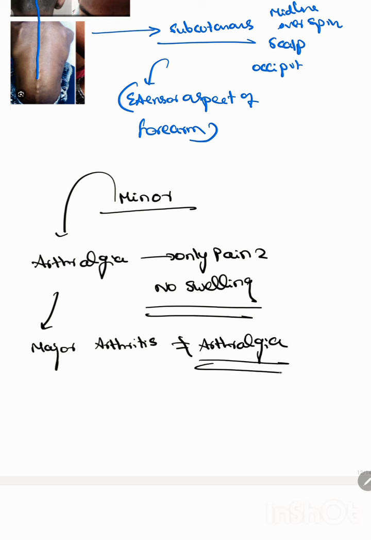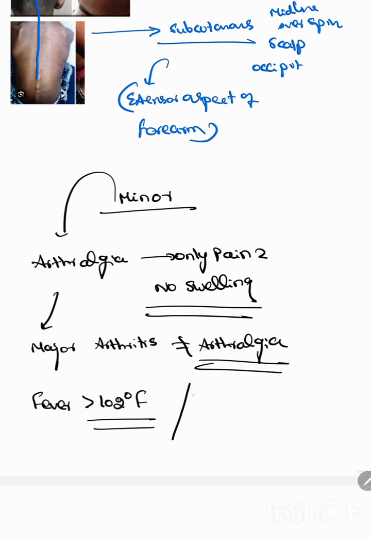Only if there is no arthritis in the major criteria should you take arthralgia in the minor criteria. Next is fever of more than 102 degrees Fahrenheit. There are certain catches in the major and minor criteria that we will discuss in a subsequent slide, while discussing the revised Jones criteria.